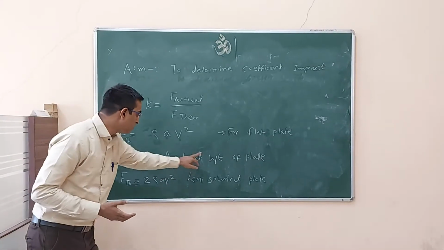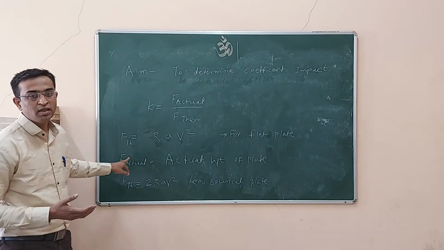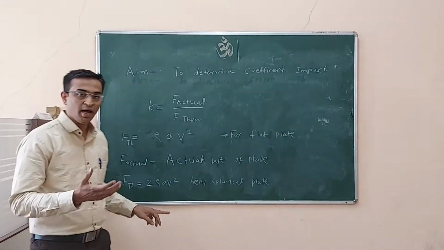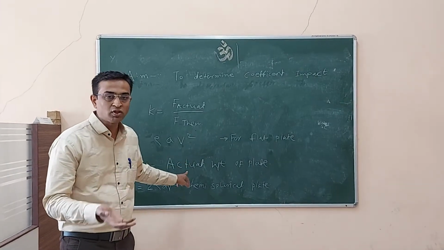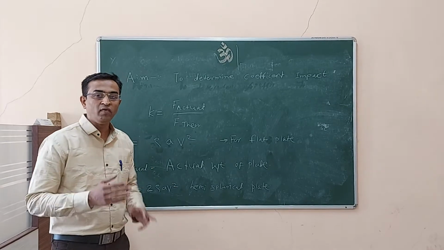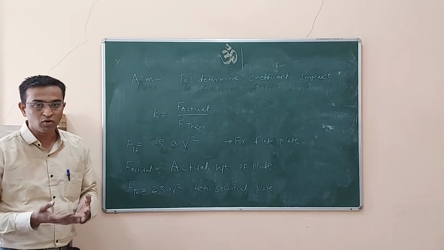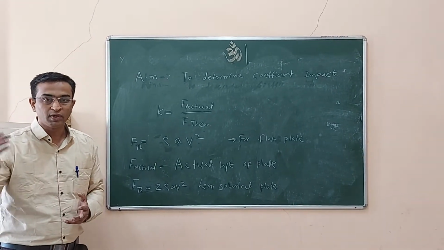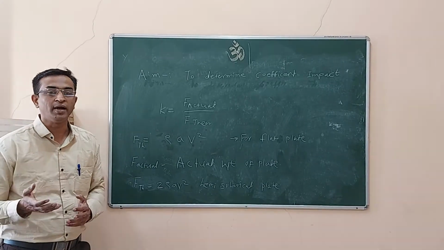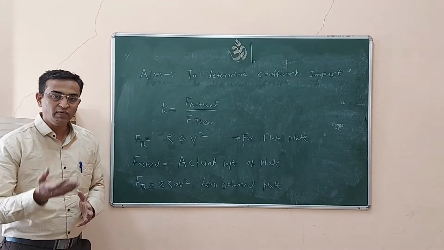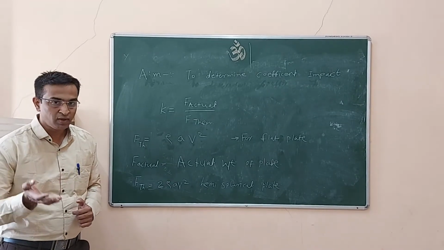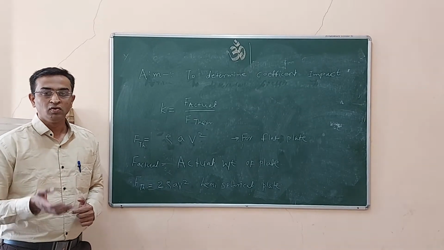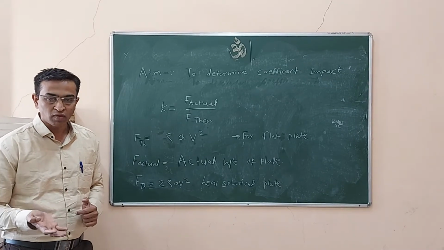Now how to calculate F actual? It means the actual weight of that plate, which equals the force of water striking on that plate. I will show you during the practical, but I will first tell you the theoretical part. When we start the motor, water will come through the nozzle, and we have a valve to adjust the force of that water.